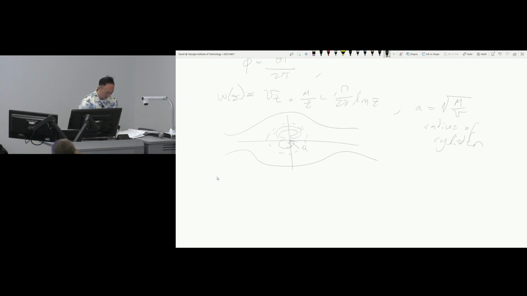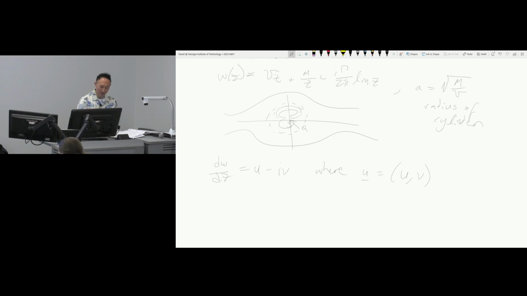So what you're going to do is calculate dw dz, by taking the derivative, which gives u1 minus i u2, where u is u1 comma u2, or u comma v. We call this u comma v, and we'll call this u minus iv. You take the derivative of that, and that's how you get your velocity field.